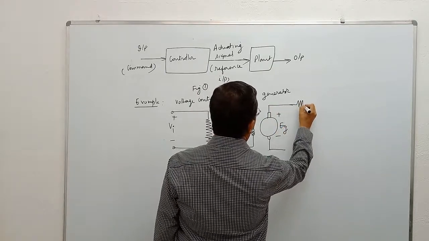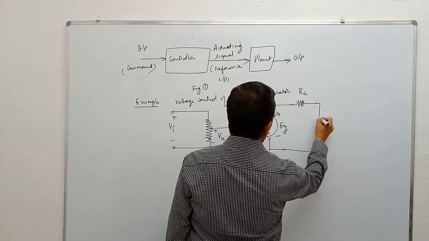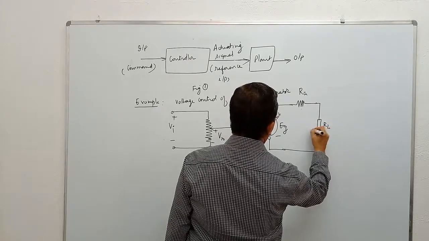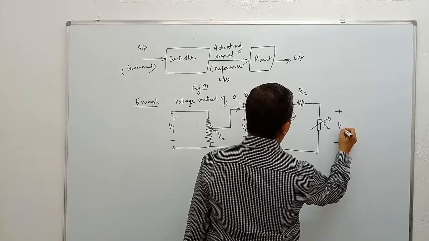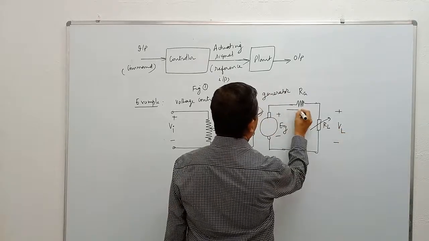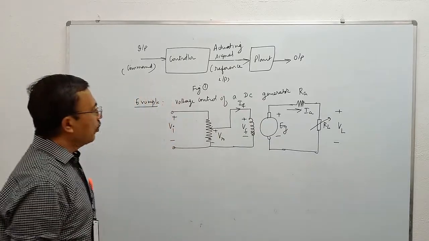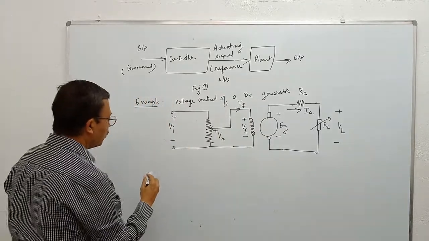This is the armature resistance Ra, and RL represents the load, which is a variable. The voltage across the load is VL, and this is the armature current Ia. The block diagram of this circuit is as shown below.